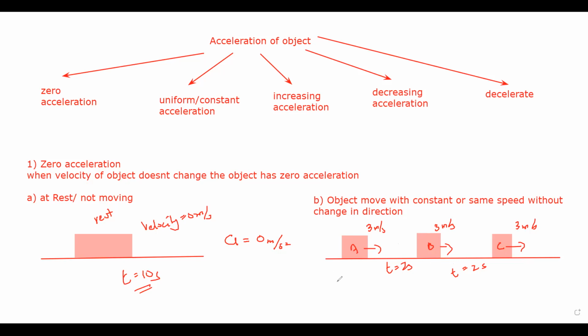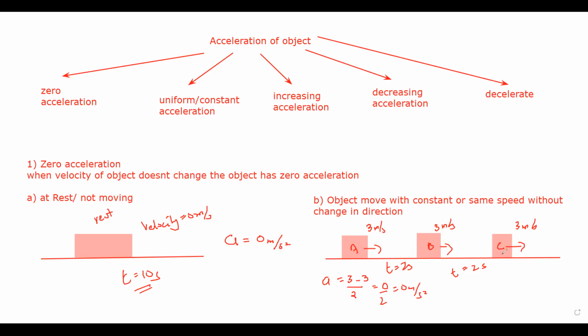What is the acceleration from A to B? Acceleration is the change in velocity. The final velocity is 3, minus initial velocity, also 3, divided by the time interval 2. So 3 minus 3 is 0, divided by 2, so acceleration is 0 meters per second squared.